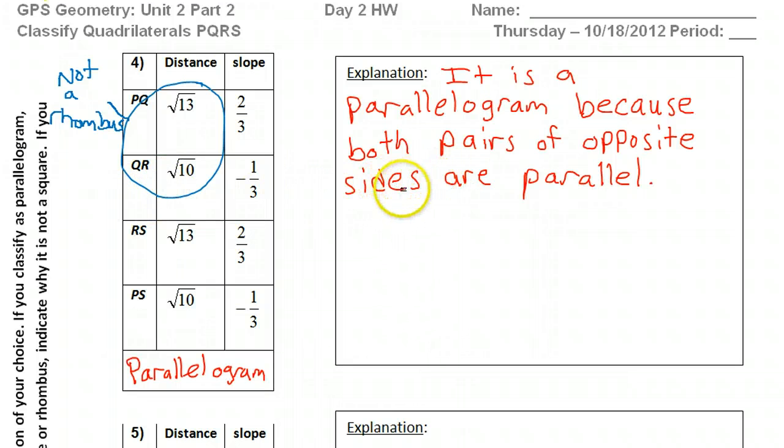Now, the reason why I knew that this was not a rectangle was because these should have been perpendicular, opposite and reciprocal, and they're not. So again, I could write a sentence about that, or I could just circle these and make a side note saying not a rectangle.